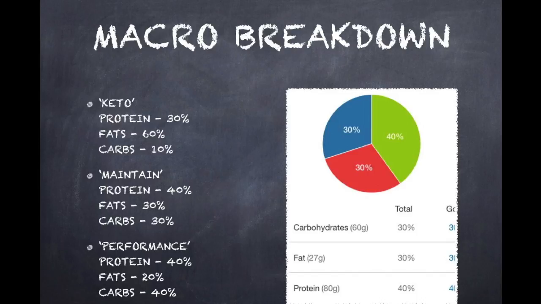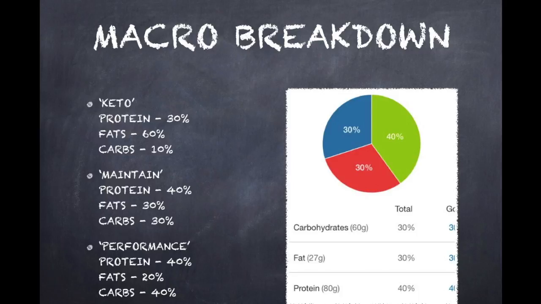Now, if you look at the right hand side where the macro chart is, this is just a screenshot that I've done from MyFitnessPal. On each of the macronutrients, if you look at the labels we've got on the side, which are carbohydrates, fat, and protein in that order, to the right of that you'll be able to see in brackets 60 grams of carbs, 27 grams of fats, and 80 grams of protein.